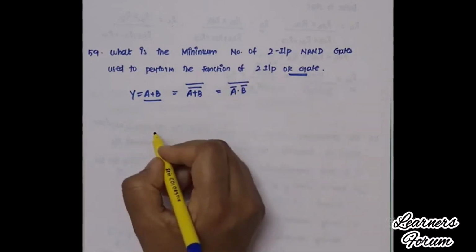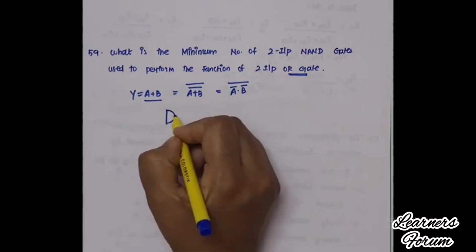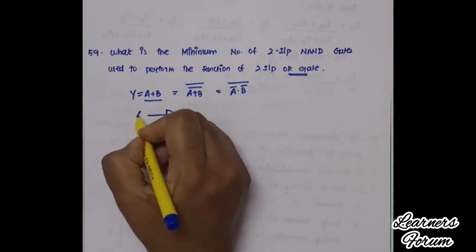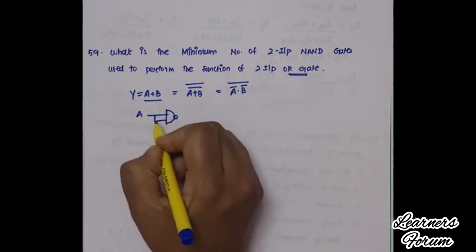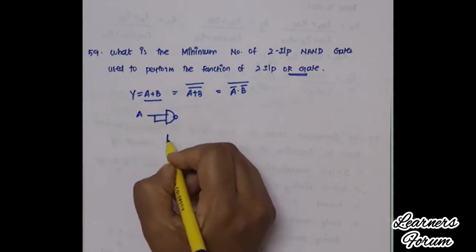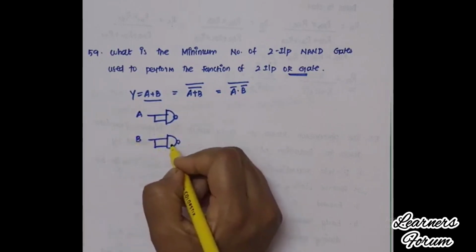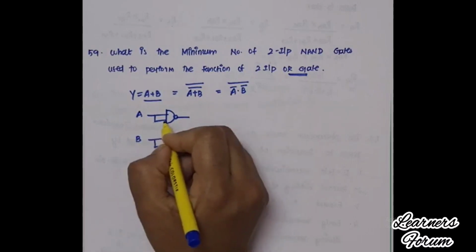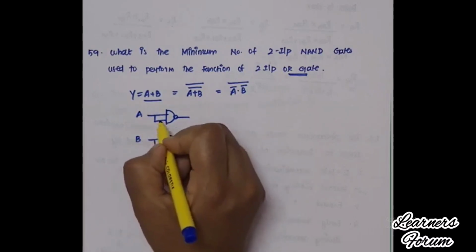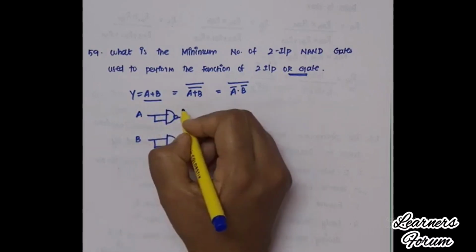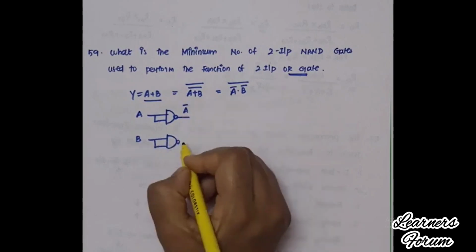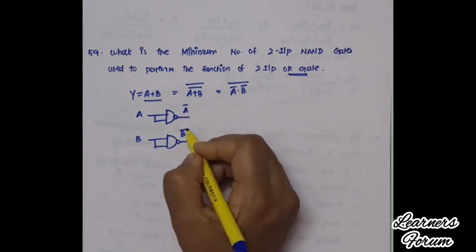Now we can implement this equation using NAND gates. First we take a NAND gate and combine both the inputs to the single input A. Similarly, the other NAND gate, combining the two inputs with the input B. So the output of this gate will be A dot A followed by bubble, so it will be A dot A the whole bar, so A bar. And here it will be B bar.